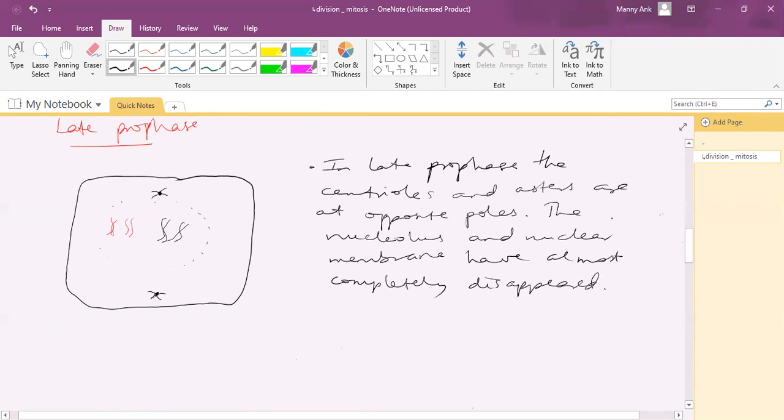Okay. So now you see the spindles will be forming, getting longer here. The spindles. They will get attached to the chromosomes shortly.